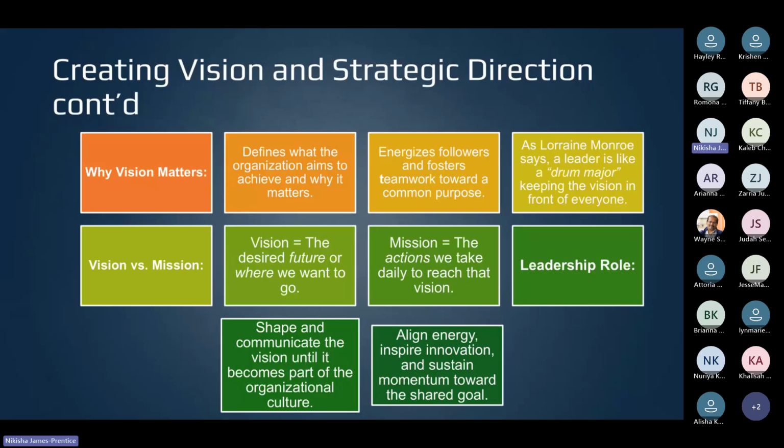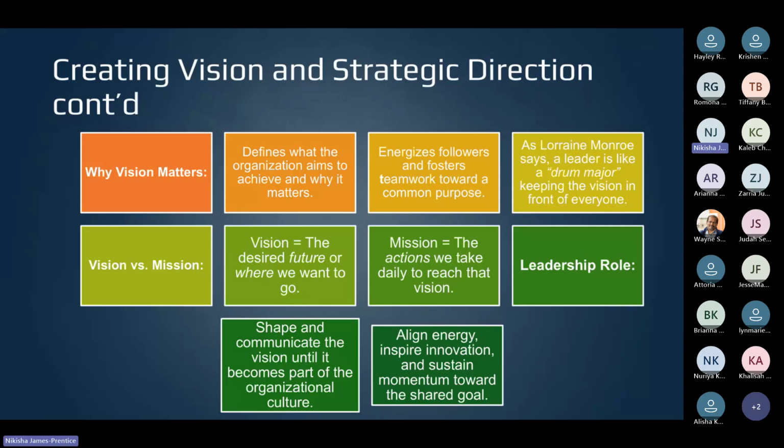Creating vision and strategic direction, continued. One of the most important roles of a leader is to articulate a compelling vision that inspires people. A powerful vision not only defines what the organization aims to achieve, but also why it matters. It energizes followers, brings clarity to their efforts, and fosters teamwork toward a common purpose.